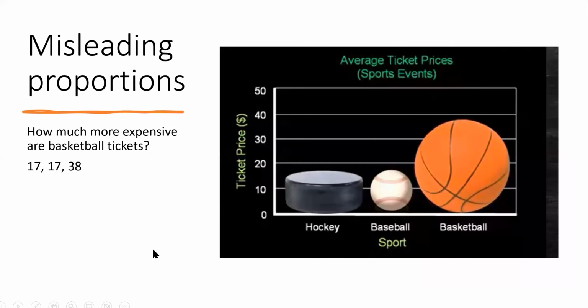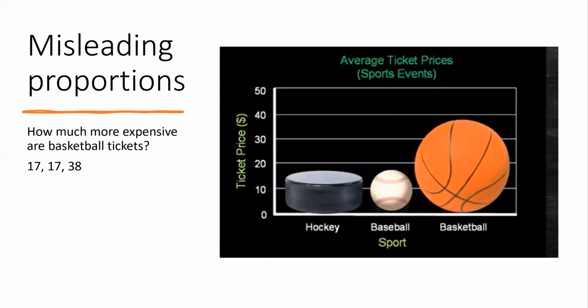Okay, here's another example. How much more expensive are basketball tickets? In this pictogram, we see a representation of how much it costs to attend a game. Basketball is obviously the most expensive ticket at $38, but what about hockey or baseball? Which one is more expensive?